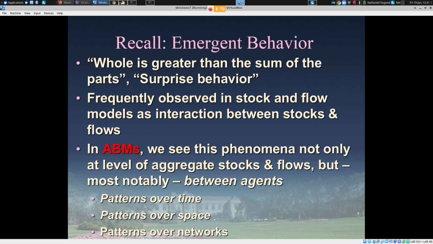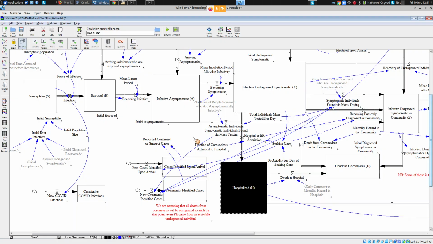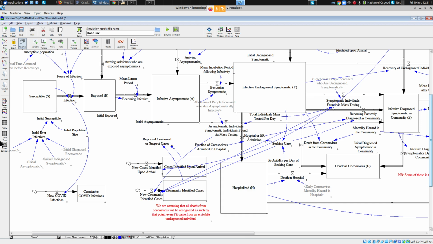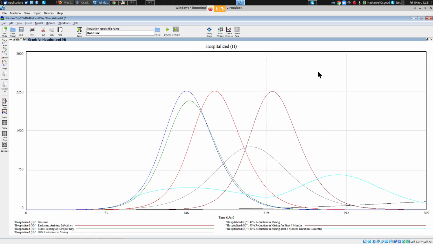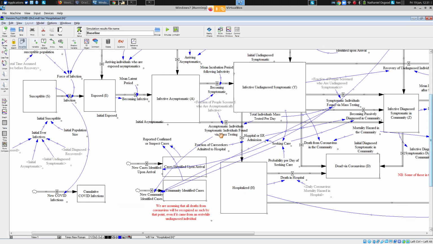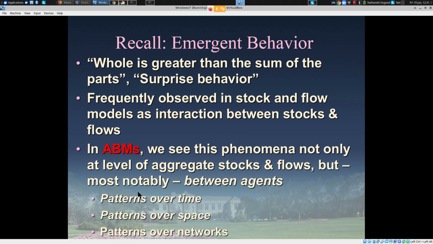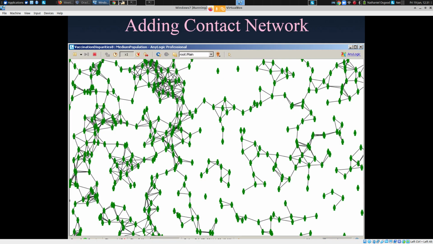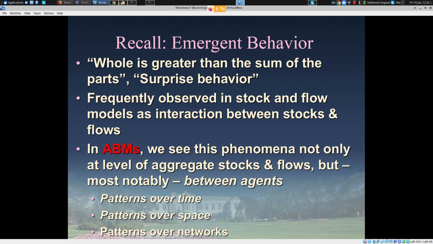We see this in ABMs not only for patterns over time, such as we saw well illustrated through the depictions within the system dynamics compartmental model, but with agent-based models, having this extra richness of context, we can capture other things.